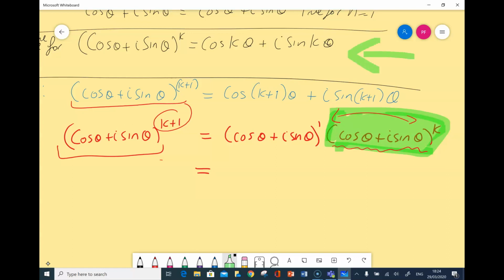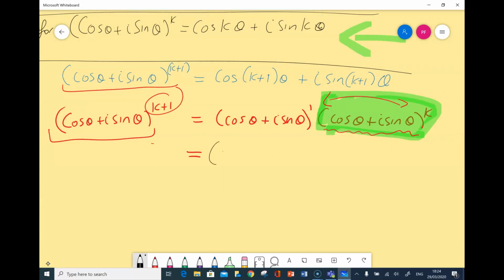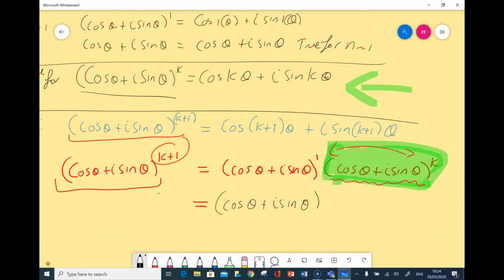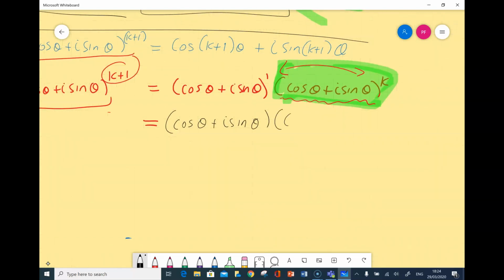Because that's what I have in my assumption. So (cos theta + i sin theta)^k, I know it's equal to cos k theta + i sin k theta from my assumption.